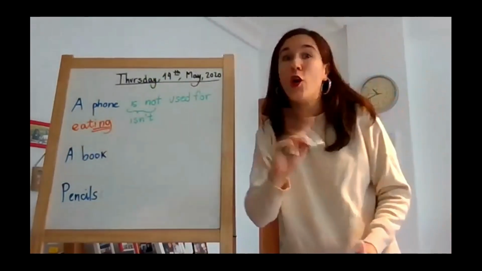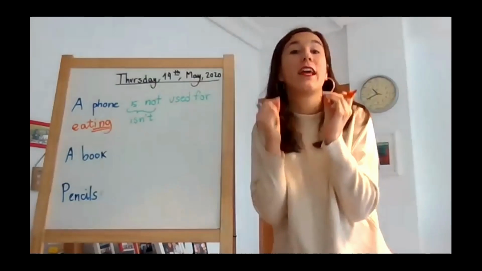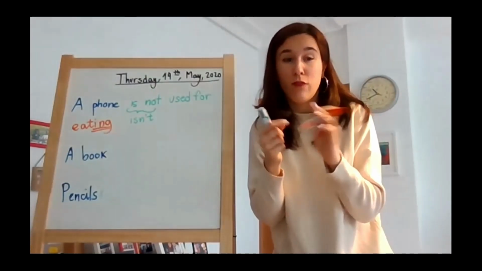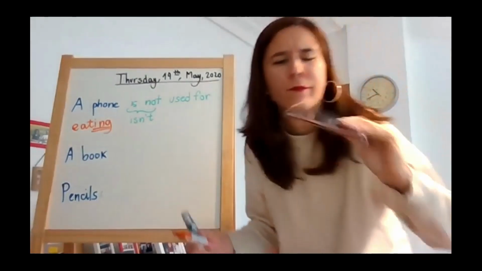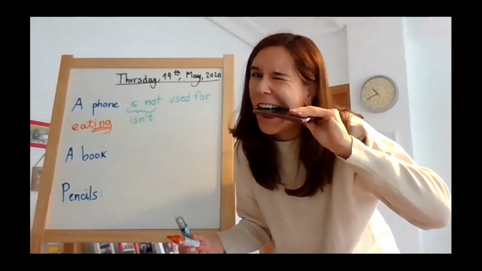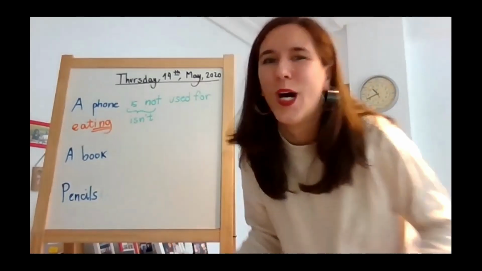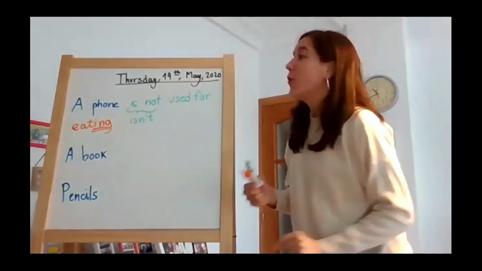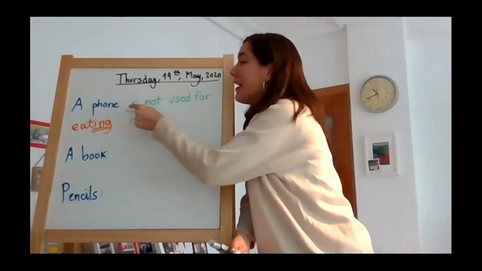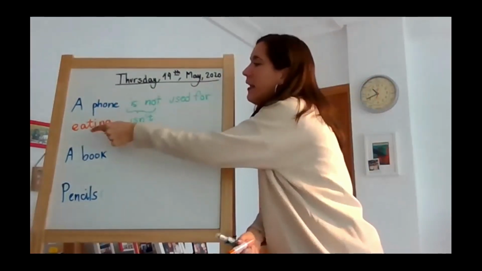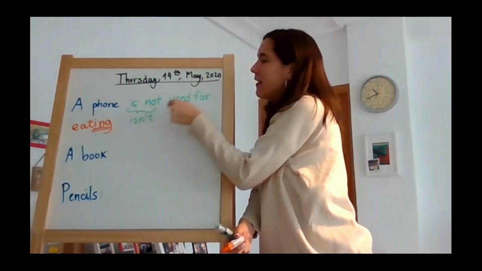A phone is not used for eating. You can't eat a phone. I'm going to try just in case. Too hard. No. So we can say a phone is not used for eating, or a phone isn't used for eating.